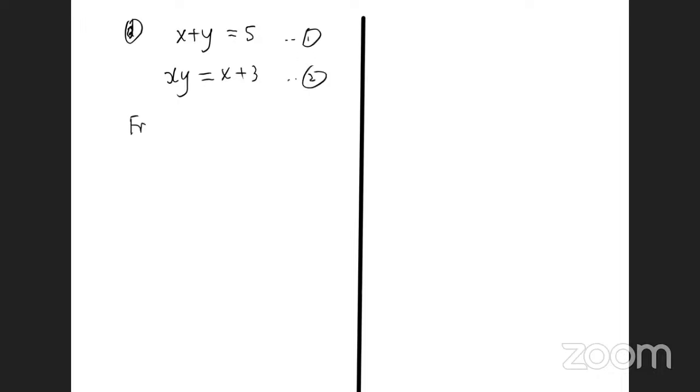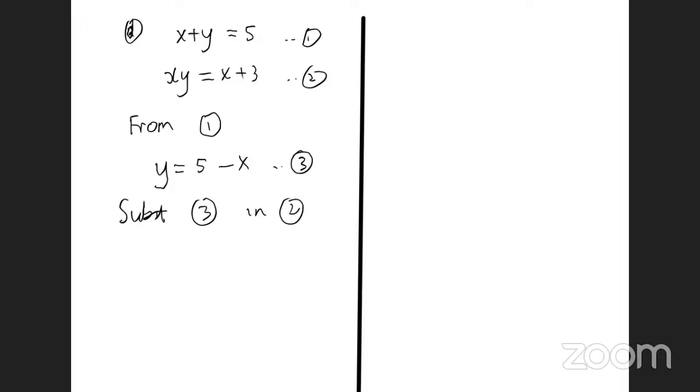I'll say from equation 1, y is equal to 5 minus x. Okay, and then we're going to substitute equation 3 in equation 2. So everywhere I have y, I'm going to write 5 minus x. So it's x times (5 minus x) is equal to x plus 3.